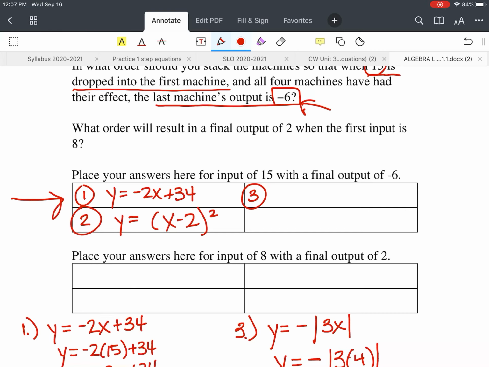The third one we did was the absolute value problem, which was negative absolute value of 3 times x. And then the fourth one we did was the one with the fraction, y equals negative 1x over 3 minus 10.